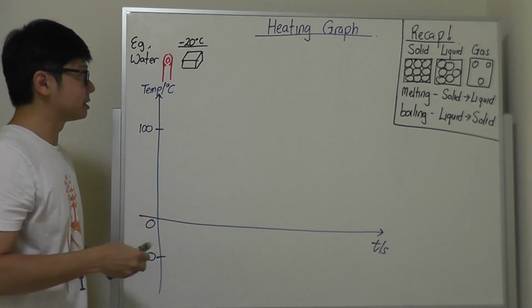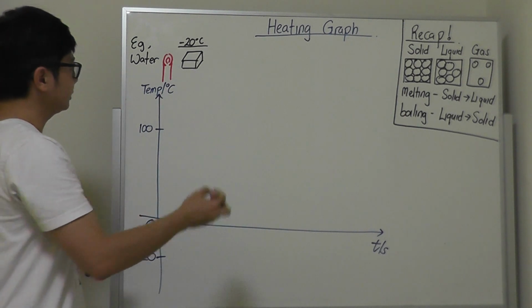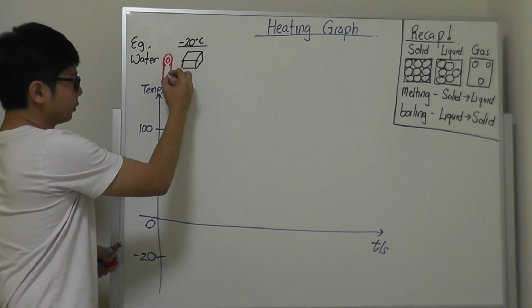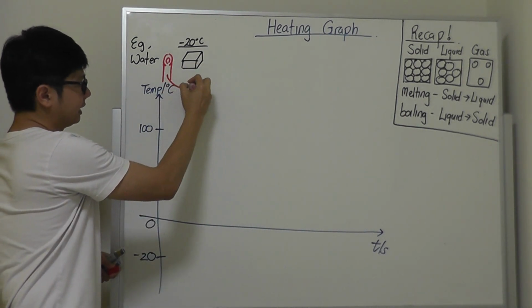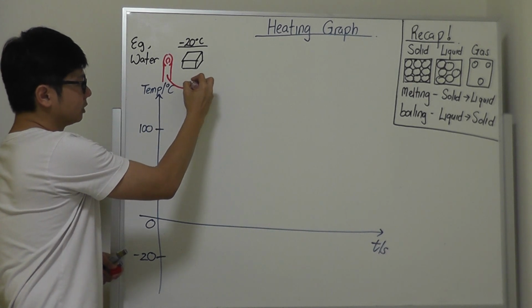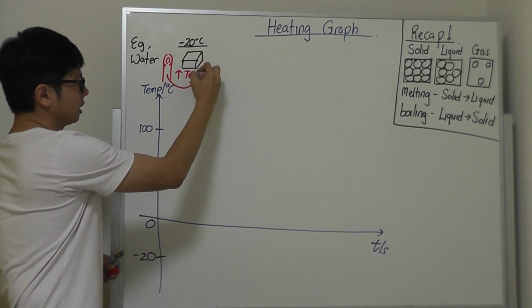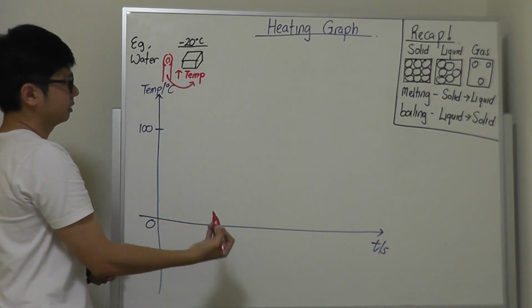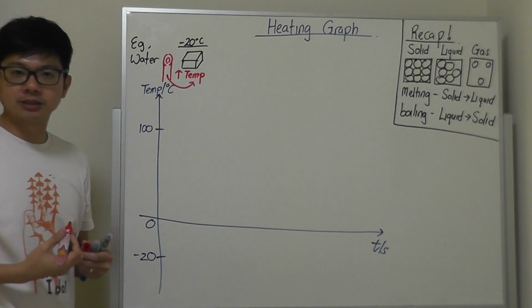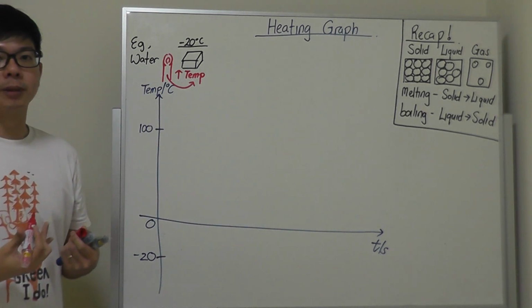So what's going to happen now is that the ice is going to draw energy, heat energy, from the heat source to increase its temperature up to 0 degrees Celsius before it can undergo melting.